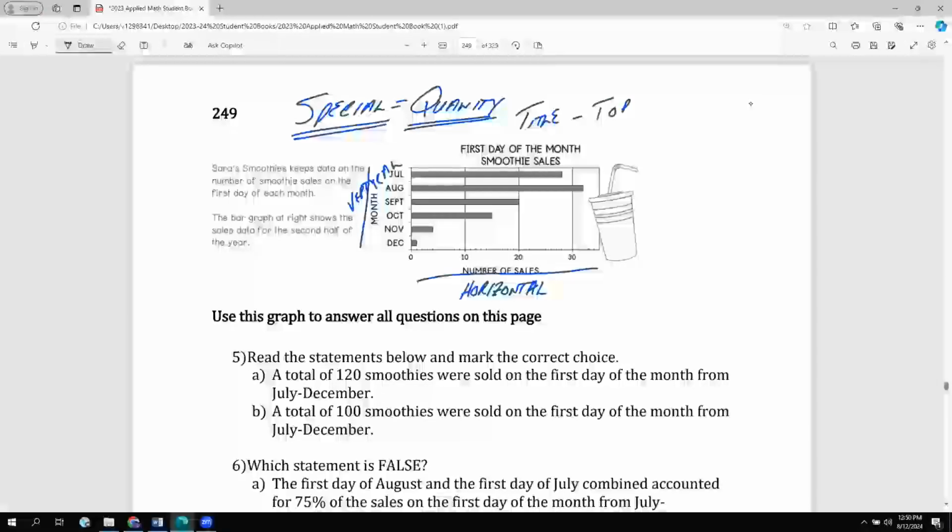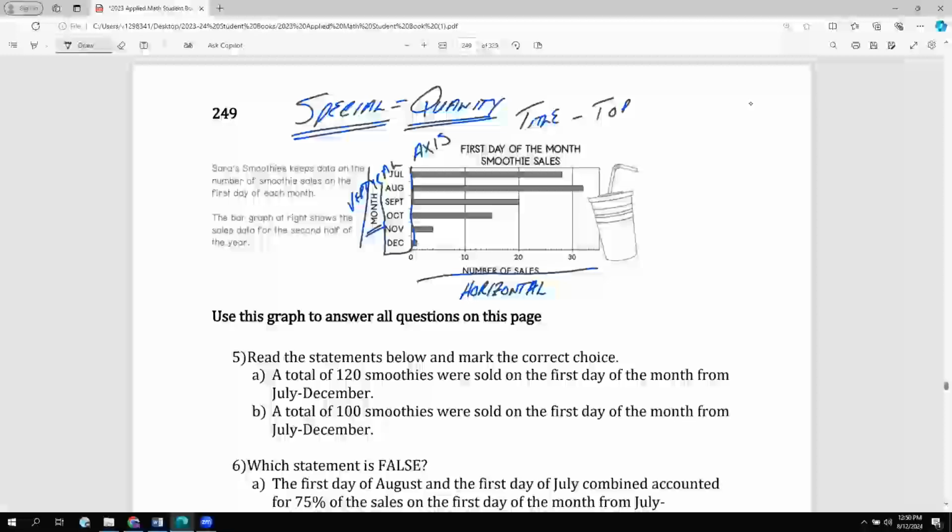When I say vertical, I'll say, look at the vertical axis. And when I mean the vertical axis, I mean looking at what's listed here on this section. What you can see listed on the vertical axis is the month. You'll see that you have July, August, September, October, November, December.